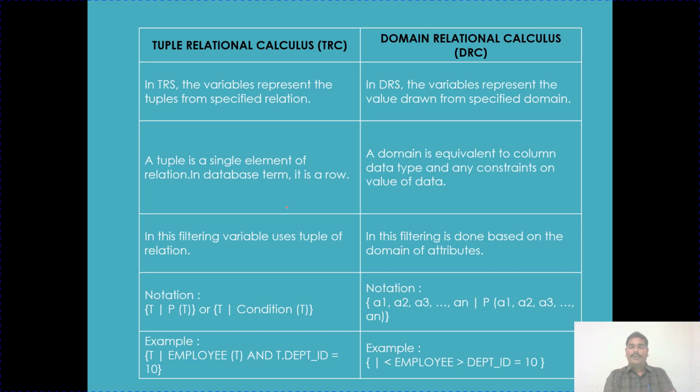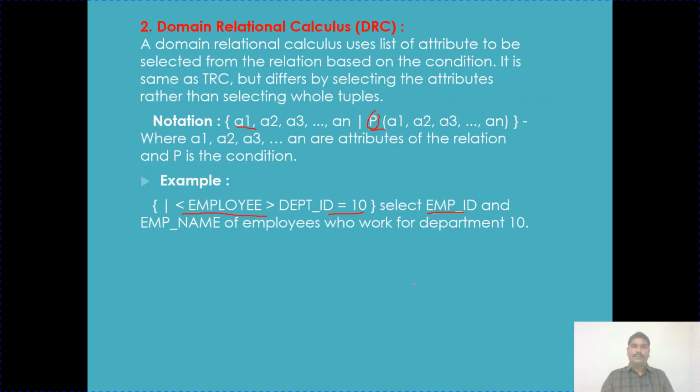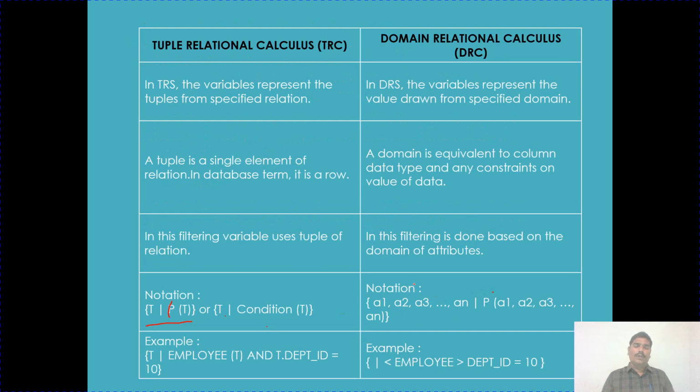Next, the notation. For tuple relational calculus the notation is {T | P}, where T is the tuple and P is the condition. In domain relational calculus the notation uses A1, A2, A3 as the attributes, and P is the condition. Next, an example: {T | Employee(T) and T.DepartmentID = 10}.